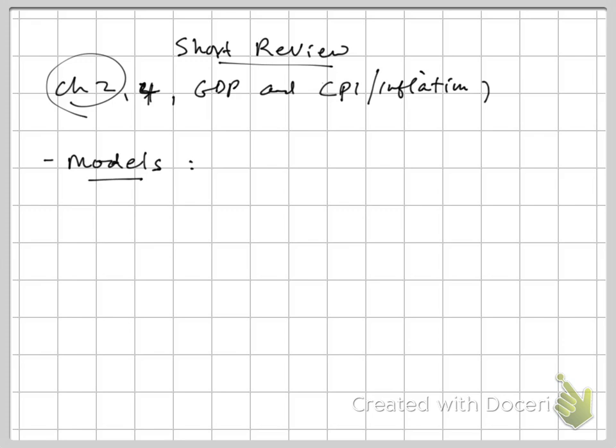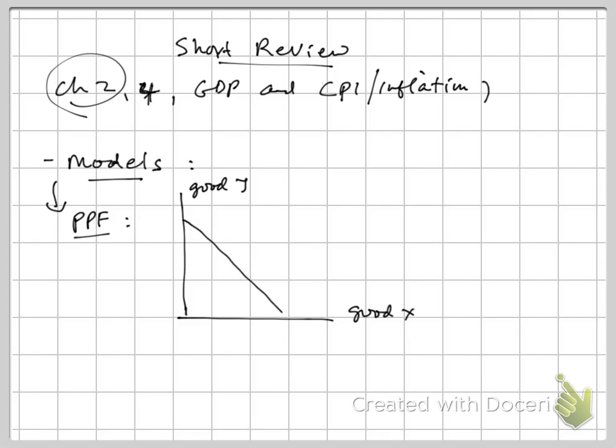then we started with a simple model of the production possibility frontier. The production possibility frontier is a model that tries to explain the trade-off that is involved in an economy or in a firm, for that matter. And if this is good Y, this is good X, basically we have a downward sloping production possibility frontier.